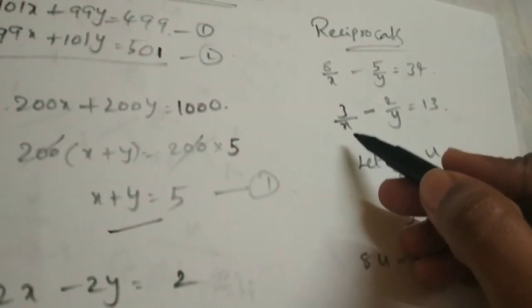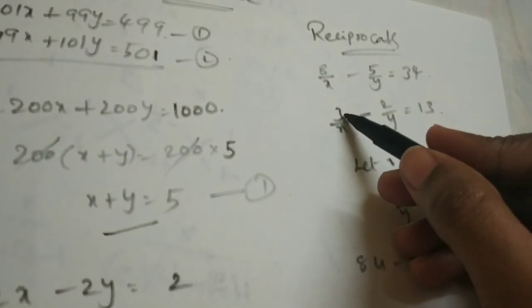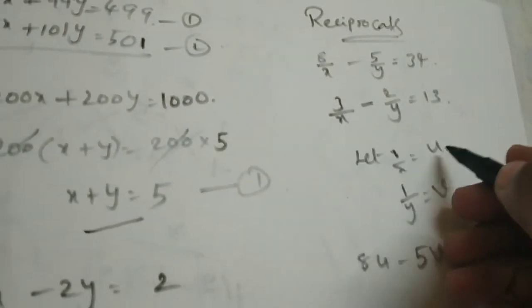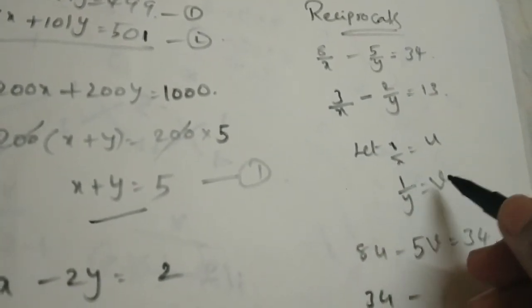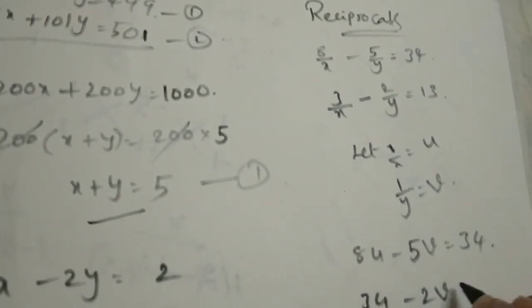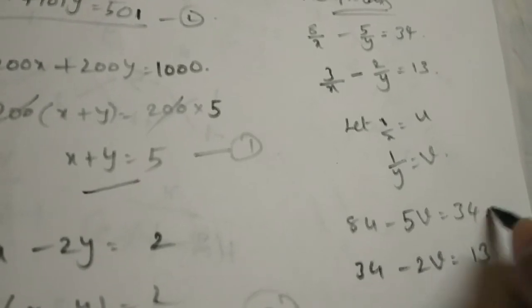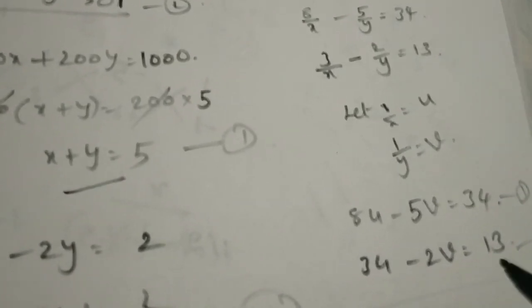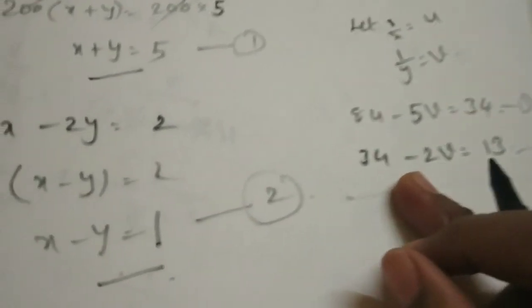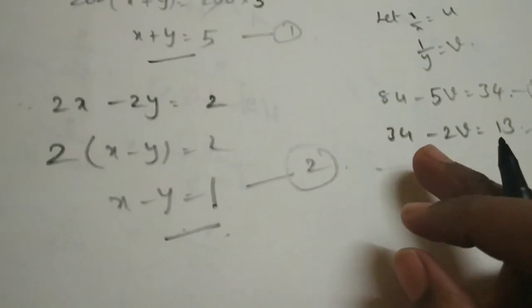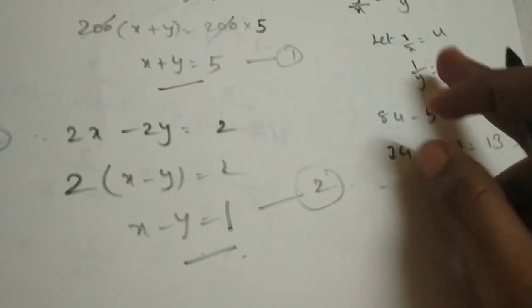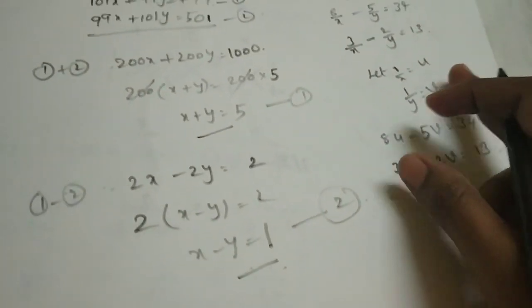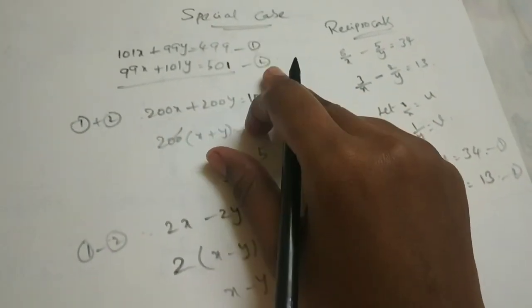In the second equation, 3 by x is 3u, and minus 2 by y is minus 2v, is equal to 13. Now solve these two equations by any one of the three methods. Then you will get the u and v solution. Since u is 1 by x, at last you get the values of x and y. This is called the special case method.